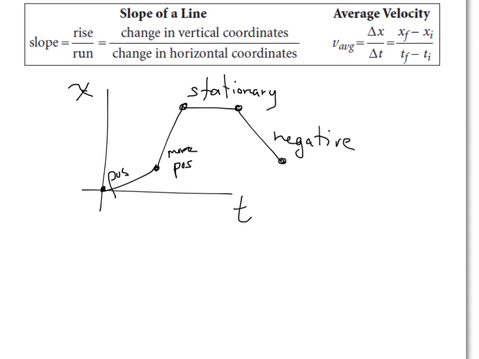So for example, let's say that this is obviously 0, 0. Let's say this point is 3, 6, and this point up here is 5, 10. All right? So the 3 points are labeled on the graph there: 0, 0, 3, 6, and then up here, 5, 10.